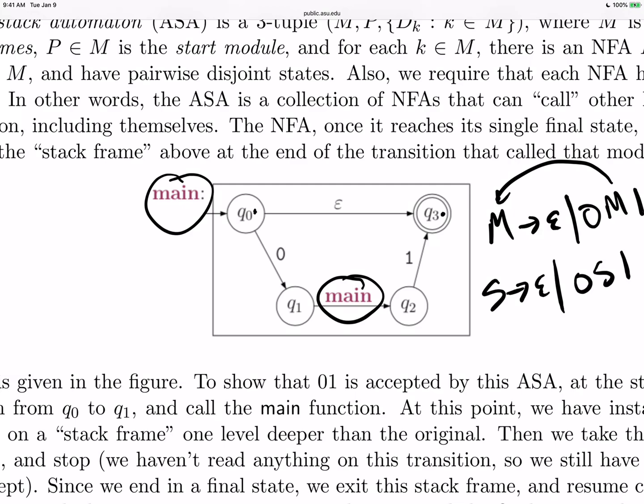For example, in the allocated version I'm going to go from Q0 to Q3, and because there's a single final state and there's nothing left to do, I take this stack frame away, resume computation in the original machine, and at this point we're in Q2 because we're done going through the main machine before, and then I can take the one transition at the very end to Q3.